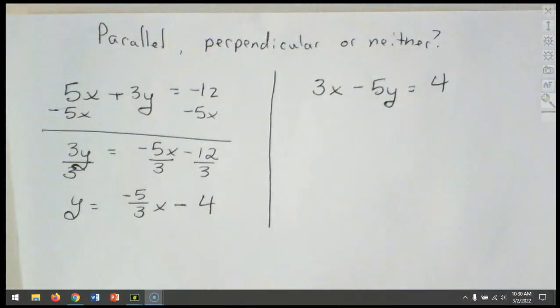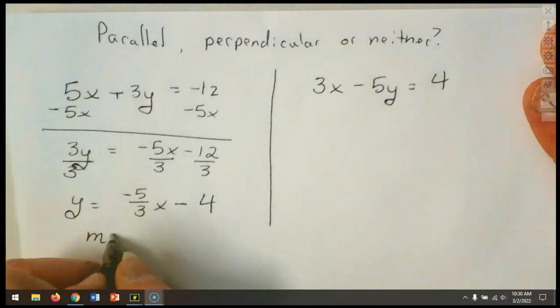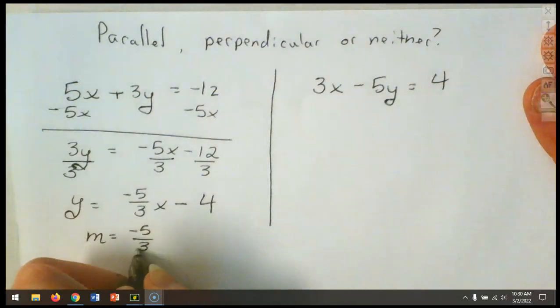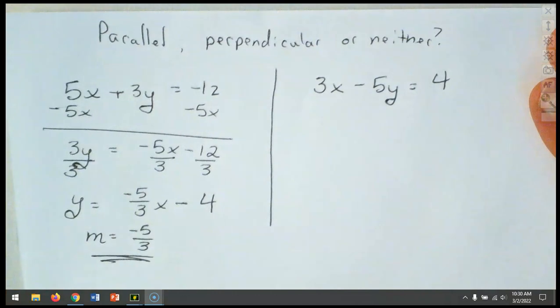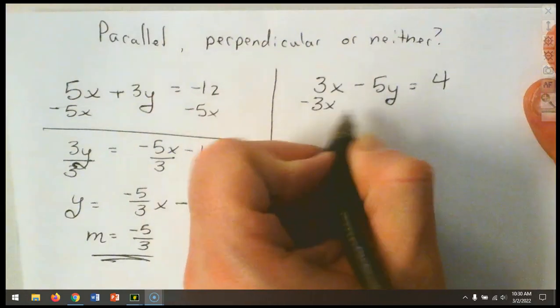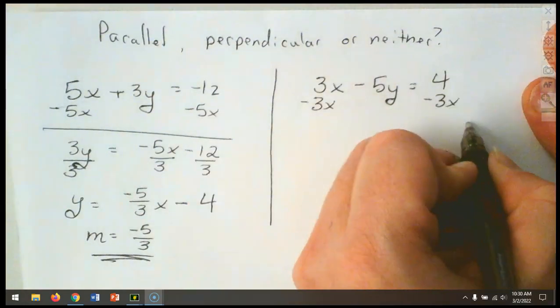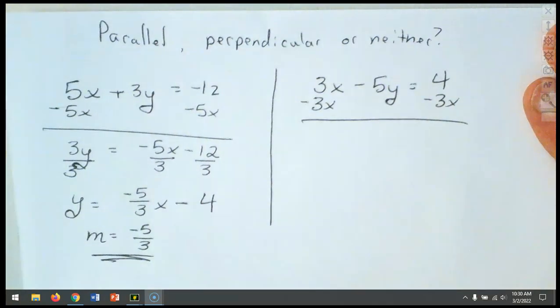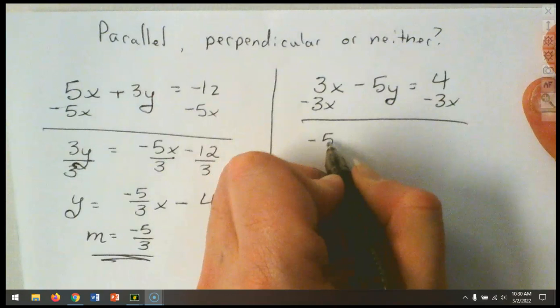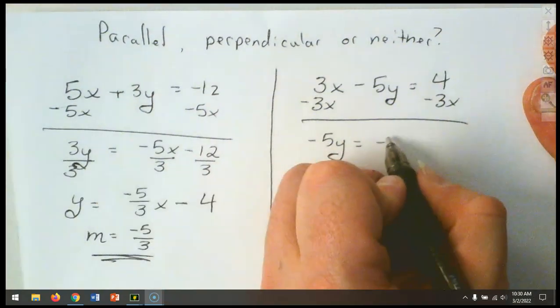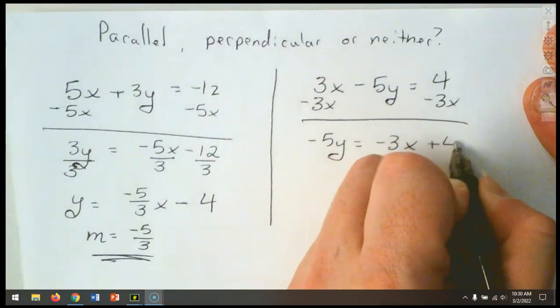Okay, so what would the slope of this one be? This one's slope would be minus 5/3, wouldn't it? What about the other one? Repeat the process. Move the 3x over with subtraction. Now we've got minus 5y equals minus 3x plus 4.